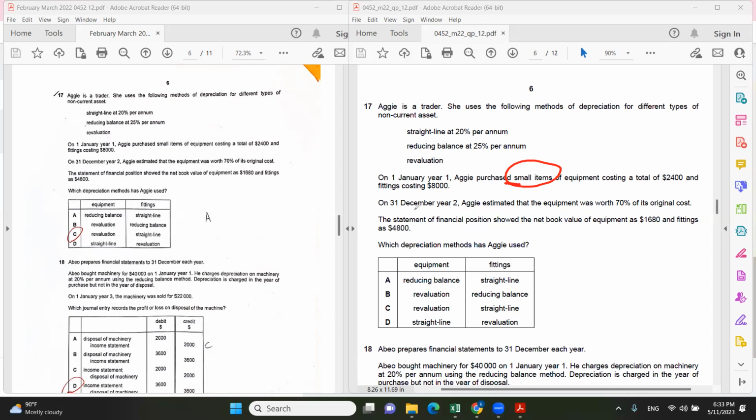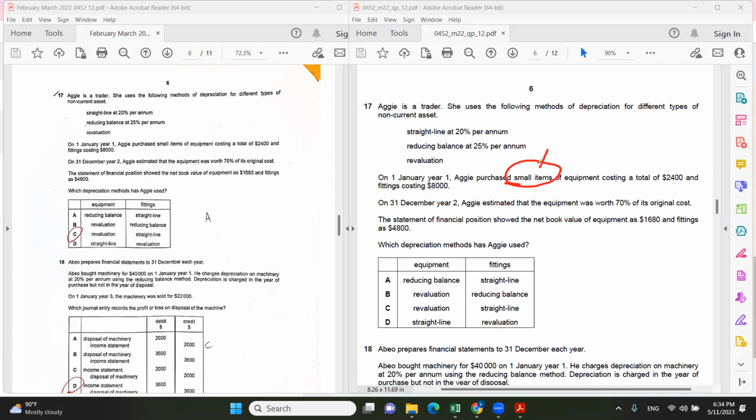On 31st December year 2, Angie estimated the equipment was worth 70% of the original cost. The statement of financial position shows the net book value of equipment as 1,680 and fittings as 4,800. Which depreciation method has Angie used?